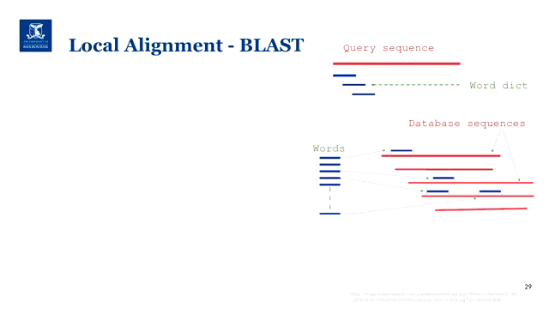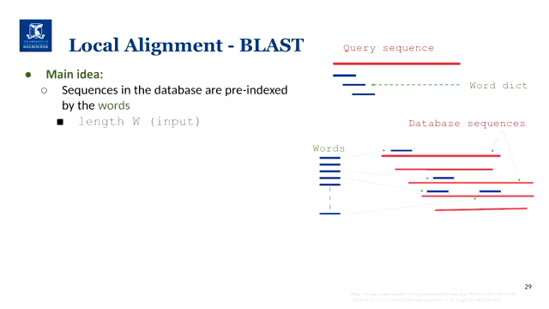Just for you to have a quick flavor of what BLAST does, it's a bit more complicated than the other 2. The main idea is that I'm going to pre-index a database of sequences with words of length W. I'm going to chop up all the sequences in the database into a given size.